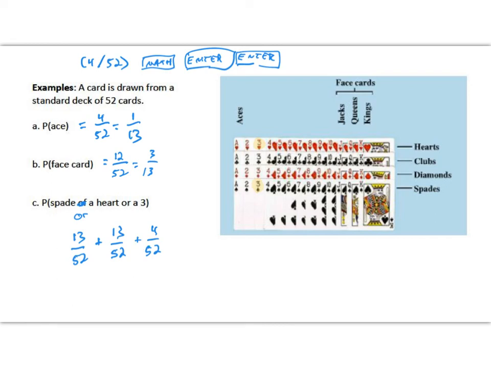I counted the 3 of spades once here and once here. So because I double counted those cards, I have to take away 2 of those, the ones that I double counted. So as I go to do the math, this ends up being 28 out of 52, or 7 out of 13 when we reduce down into lowest terms.